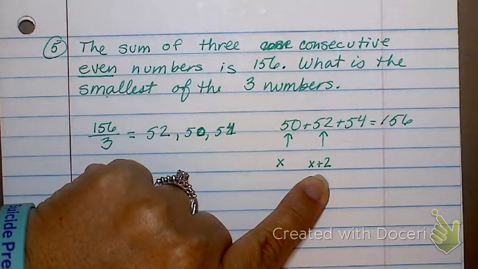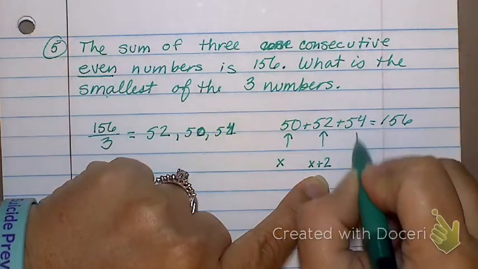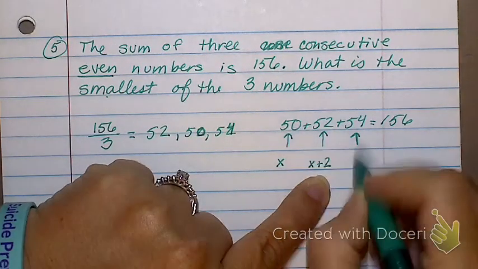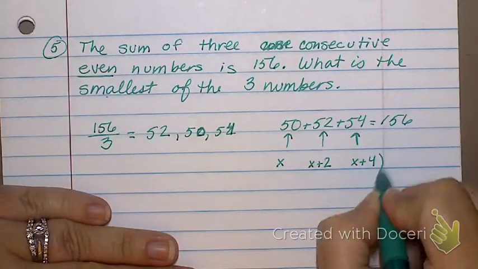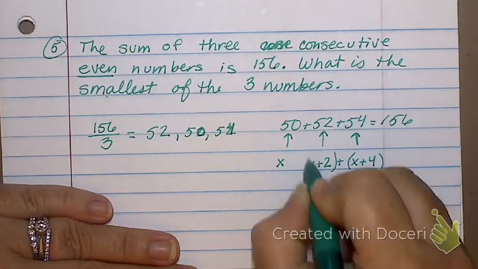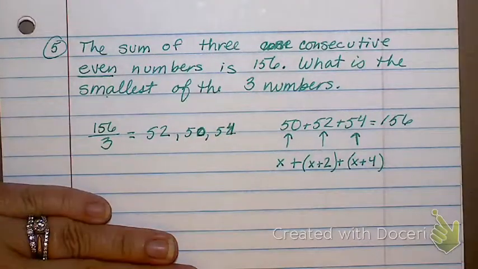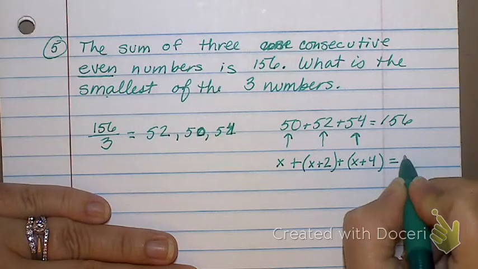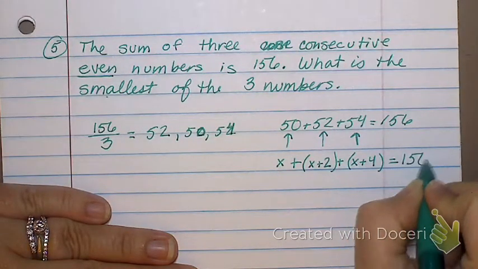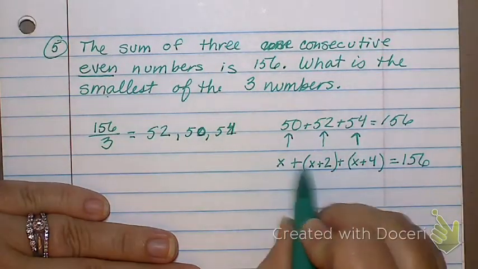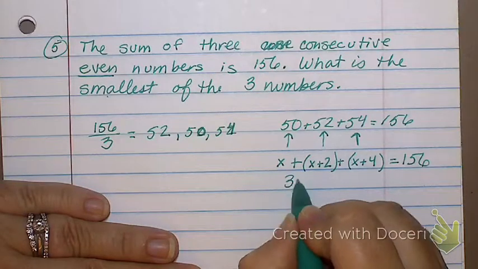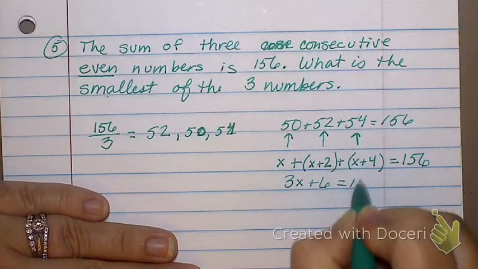X plus 2. How could I write 54 with regards to x? So I could write that I am adding these three numbers, and the result is 156. Huh. So if I combine my like terms, I have 3x plus 6 equals 156.